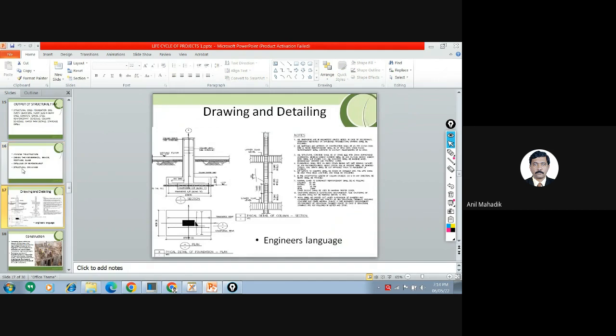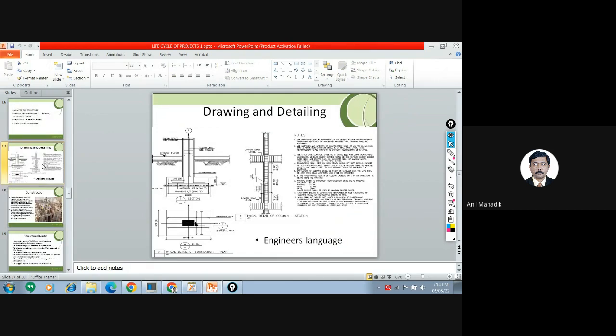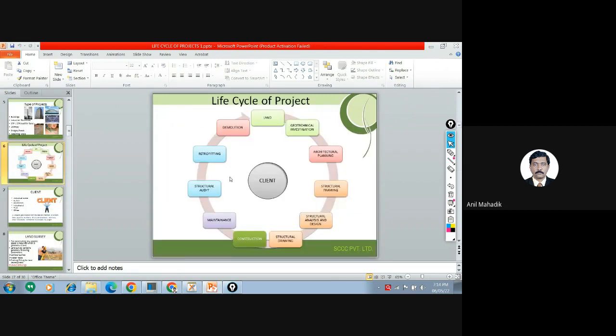After the structural drawings are prepared, the planning process is over up to this part. If you see this life cycle again, you can see the land survey, which is a planning part, and finally we do the drawing in the office. The geotechnical report is also official work before the construction of any site.